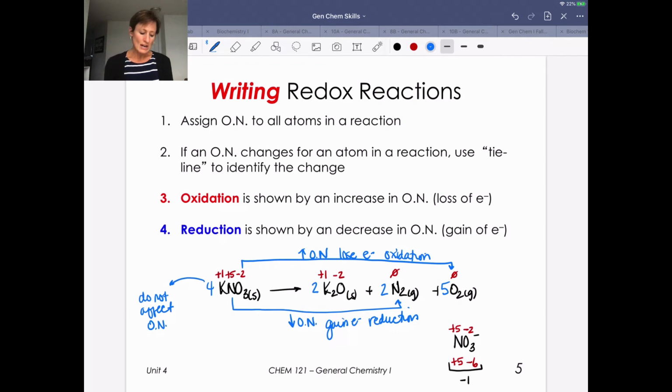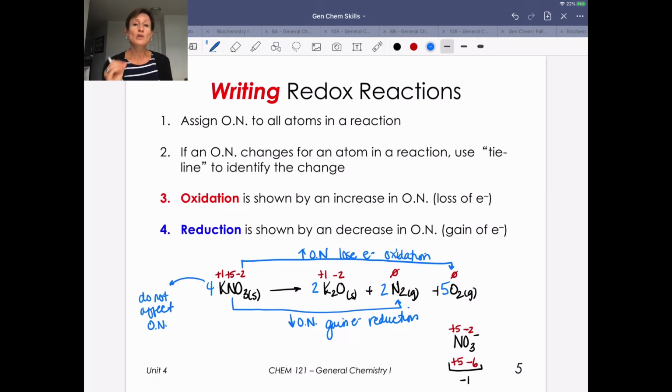So now we've gone and identified who's being oxidized. The oxygen in nitrate is being oxidized, and then the nitrogen in nitrate is being reduced. So notice here, we can't even say that nitrate is being oxidized or reduced because of the elements within nitrate: oxygen is being oxidized and then the nitrogen is being reduced.